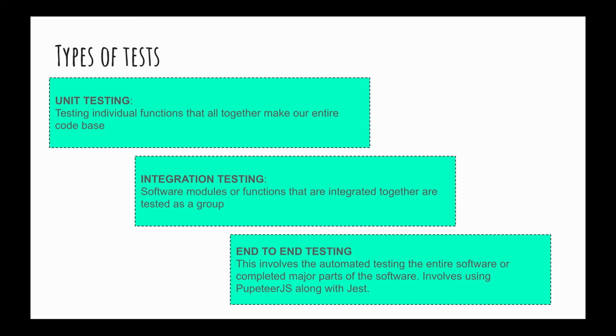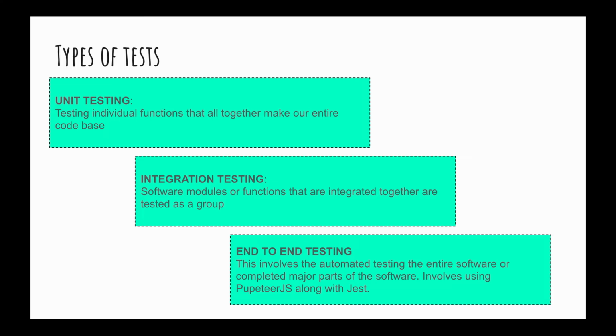We won't be doing that in this video, but the whole point is to test your entire software, or completed major modules of your software, by having a headless bot, in this case a headless Chrome bot from Puppeteer, crawling through the pages and clicking buttons, and then using Jest to say this element is visible on your screen, or this text is visible on your screen. That's basically the entire process of end-to-end testing. Again, we won't be discussing this in this video. We'll only be focusing on unit testing.